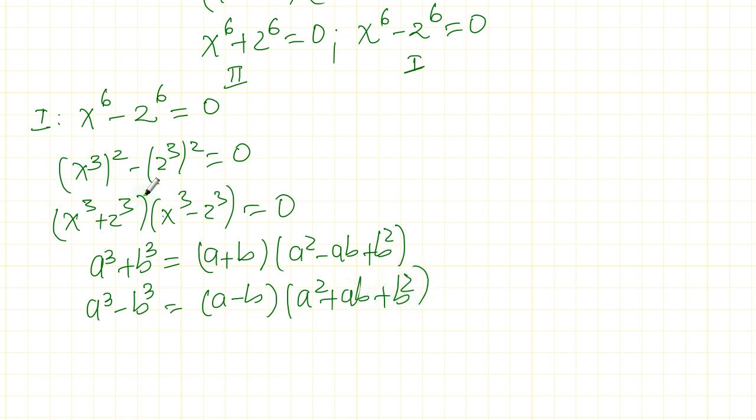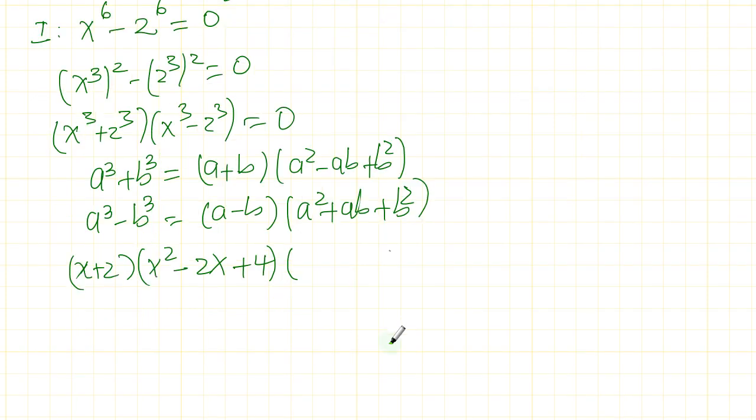Now we can apply this here. For this one we're going to have then x plus 2, which multiplies x squared minus the product of them, 2x, plus the second one squared, which is going to be 4. For the second one, we're going to apply the second identity, which is x minus 2, which multiplies x squared plus 2x, and this time it is positive, plus 4, and then this is equal 0.